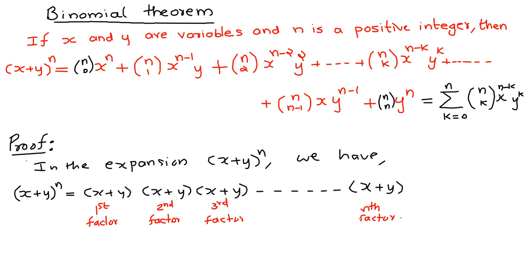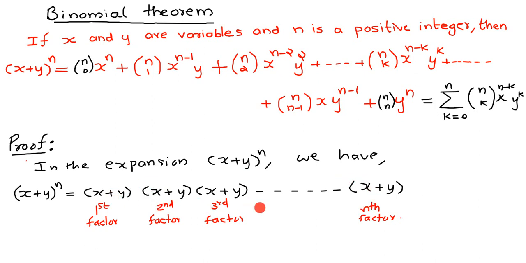We want to find the coefficient of x raised to n minus k y raised to k. Here there are 1, 2, 3, etc., n x's. We want to select n minus k x's.